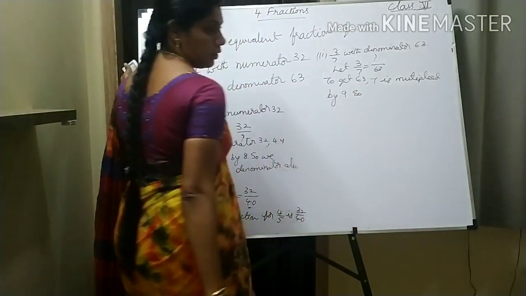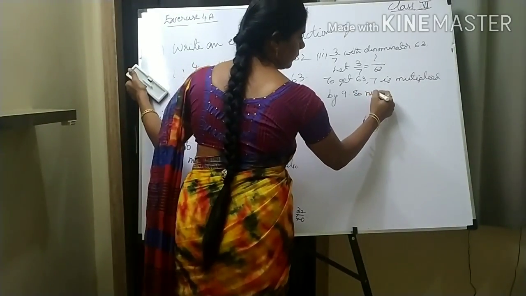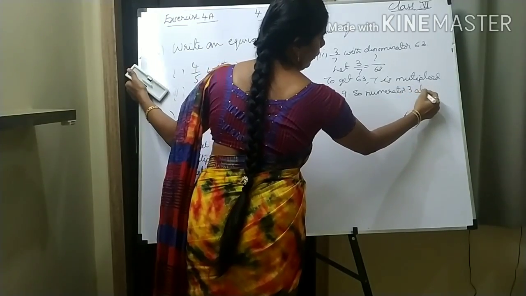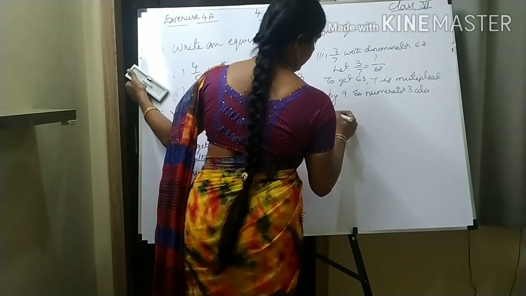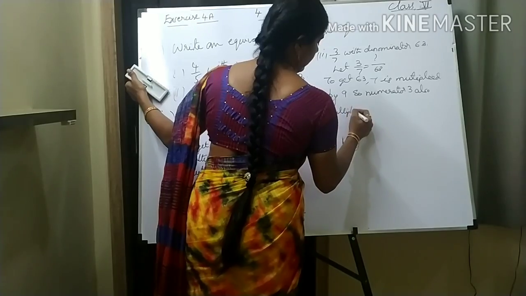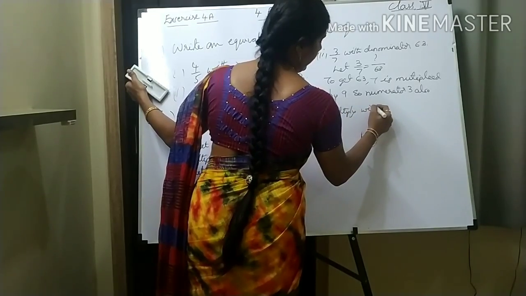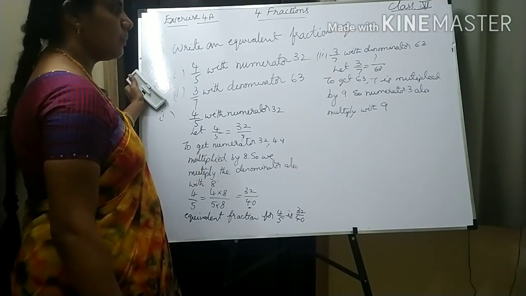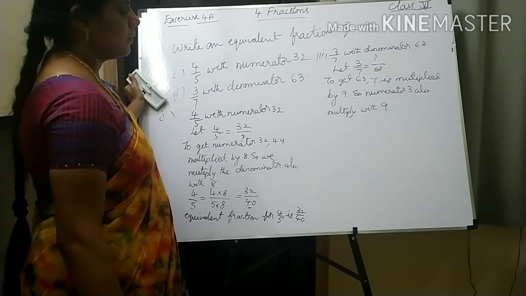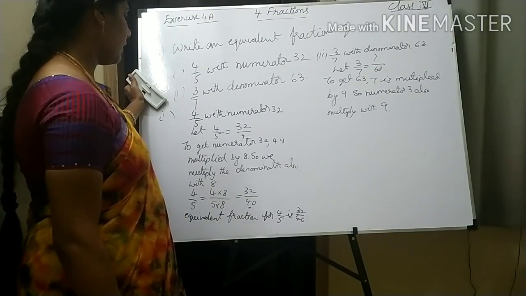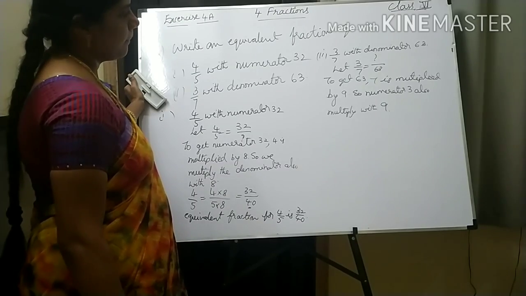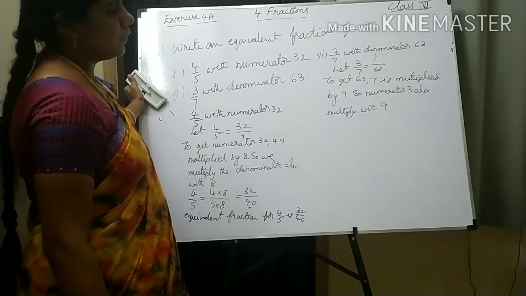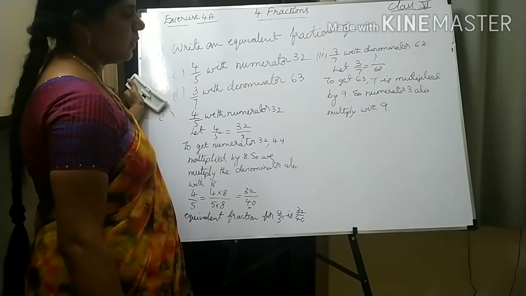So the numerator 3 also multiply with 9 only. Just as 4 is multiplied by 8, here also 7 is multiplied by 9, so numerator 3 also multiply with 9.